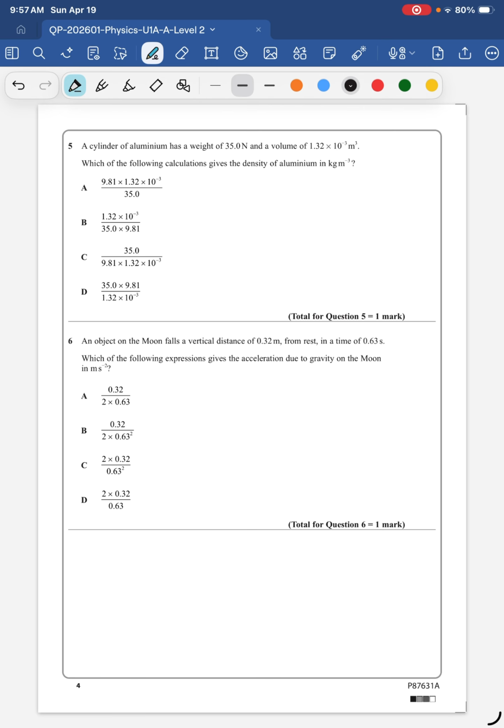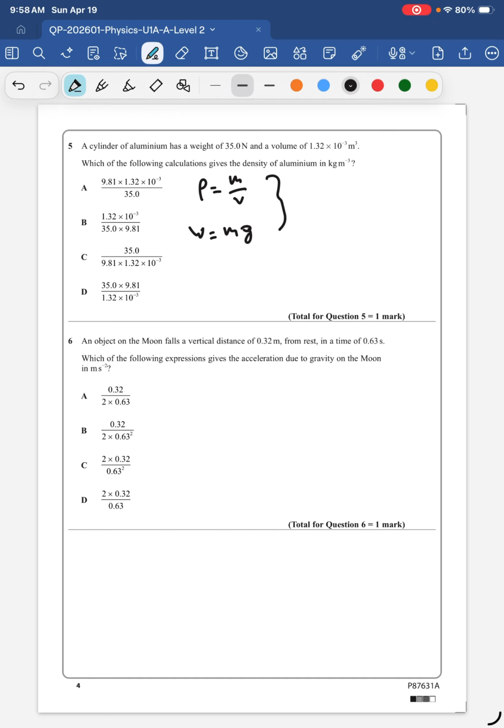Question 5. A cylinder of aluminium has a weight of 35 newtons and a volume of 1.32 times 10 to the negative 3 cubic meters. Which of the following calculations gives the density of aluminium in kilograms per cubic meter? Okay, so we know that density is mass per volume, and we know that weight is mass times g, right?